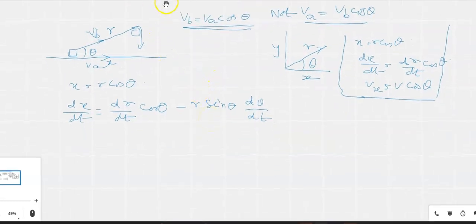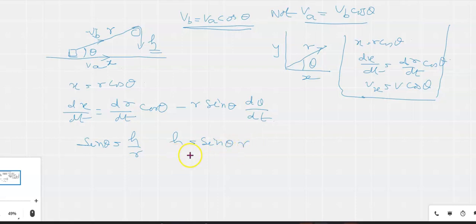Now we know that sin theta is equal to h over r. This is h, which is constant. So we can write h is equal to r sin theta.